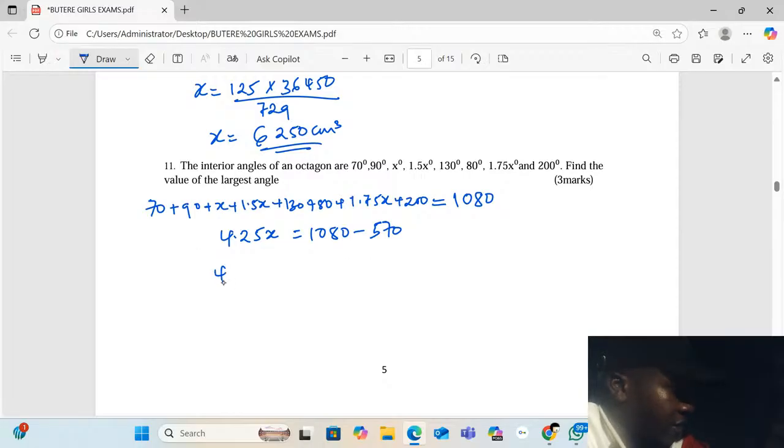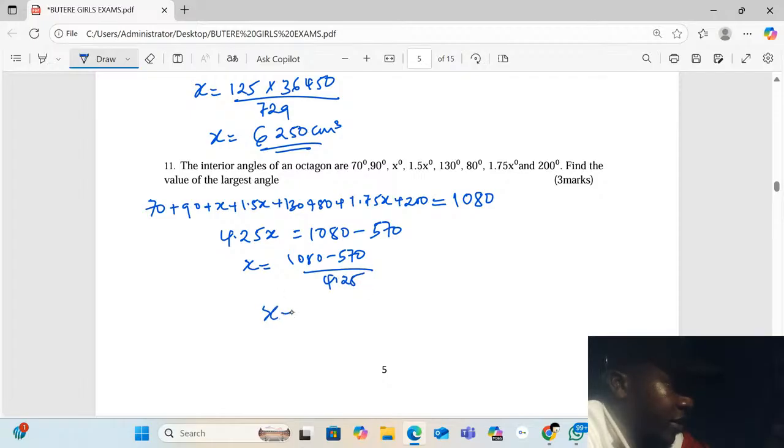Now here we divide both sides by 4.25. So our value of x is equal to 1080 minus 570, divided by 4.25.